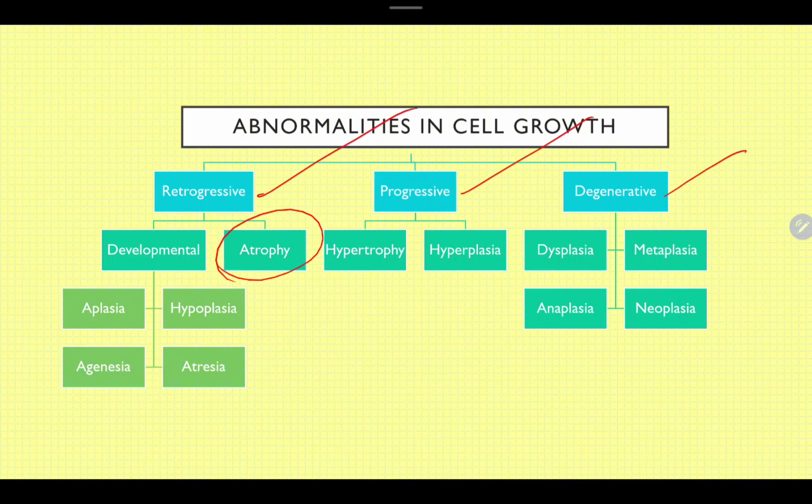For example, atrophy was already discussed during our cellular adaptation, so it belongs to the retrogressive. Hypertrophy and hyperplasia are under progressive, dysplasia and metaplasia under degenerative. These other terminologies will be further discussed as we go through the topic.